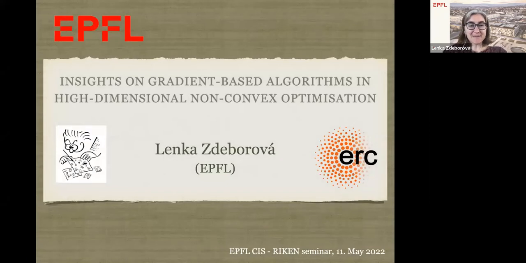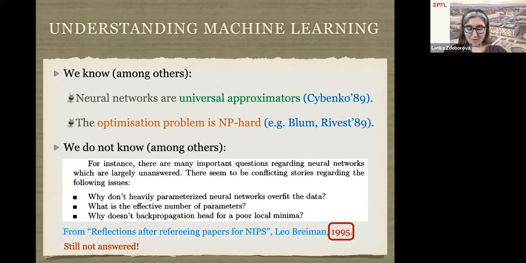Thank you. So indeed, I want to tell you something about what we try to understand about gradient-based algorithms in high-dimensional non-convex optimization. As usual, I will start with motivation, that is, in a sense, understanding what's going on in machine learning, on deep learning in particular.